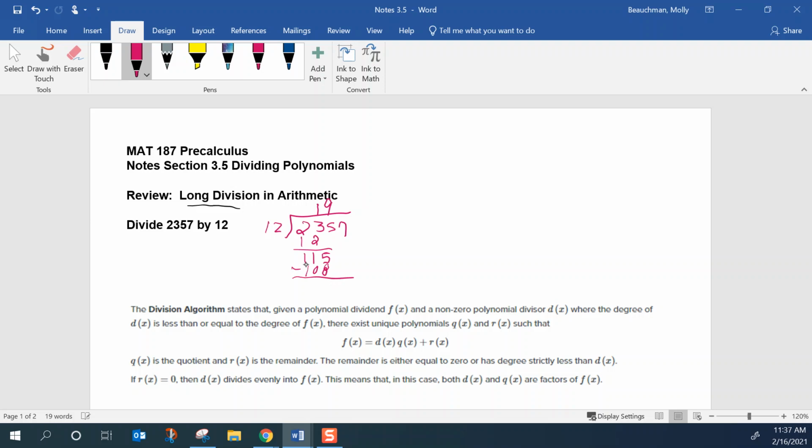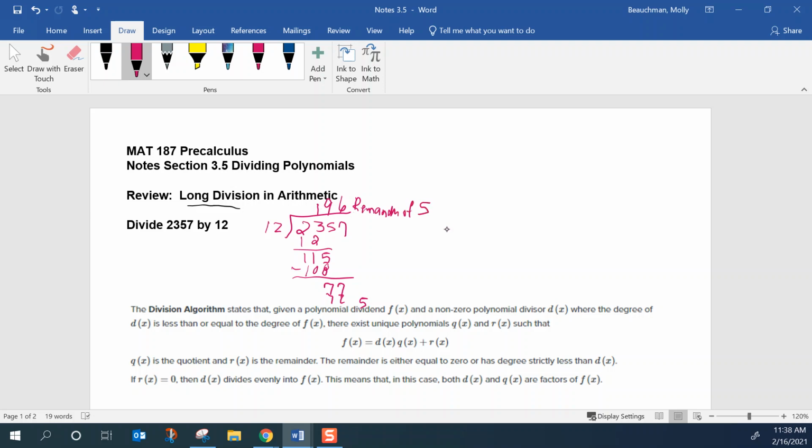Subtract. We get 115 minus 108, left with 7. Carry down the 7. 12 goes into 77. Let's see, 6 times 12 is 72. Subtract, and we would be left with a 5. So if we wanted to keep going, we could put a decimal place and keep going, but we're going to stop right there and say that we have a remainder of 5.